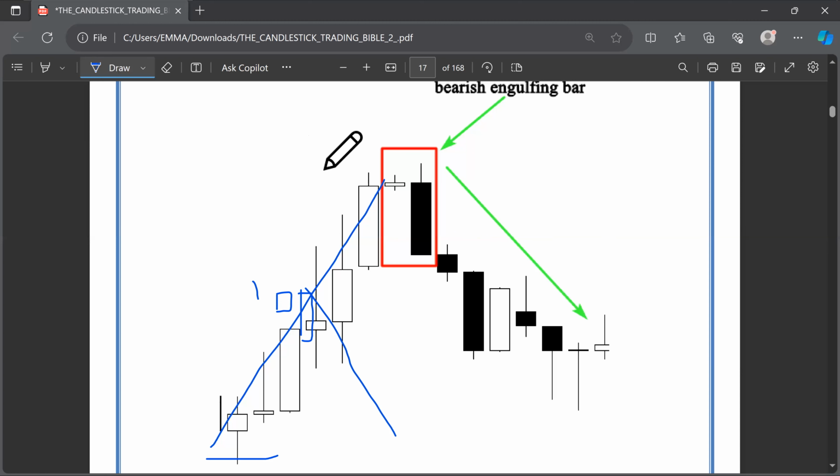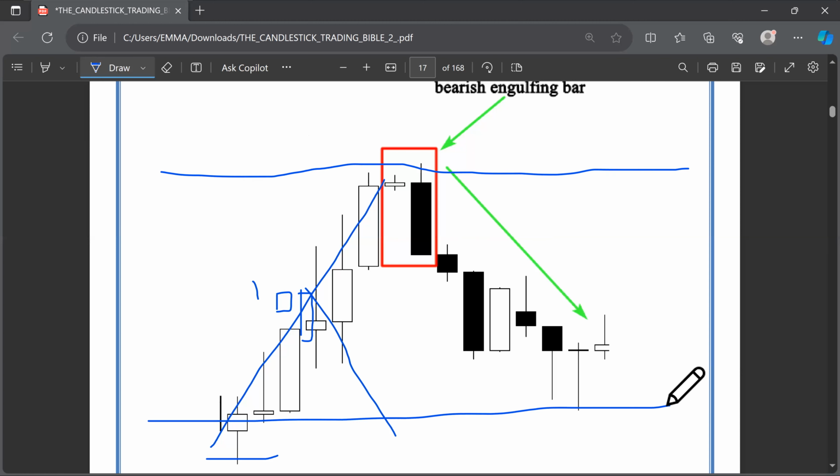Now we will treat something we call support and resistance levels. They are horizontal lines drawn at a particular portion of the price on the chart. With these lines, they will help you know that this is the end of an uptrend or the beginning of a downtrend or whatever.